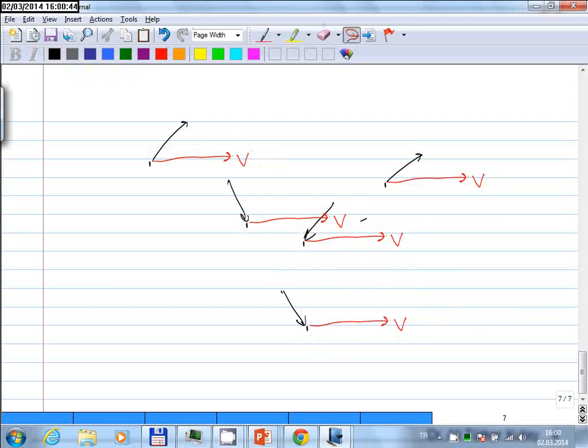And then the velocity of each molecule will be the sum of these two, right? So this will be going in that direction, this is going in that direction, this is going in that direction.